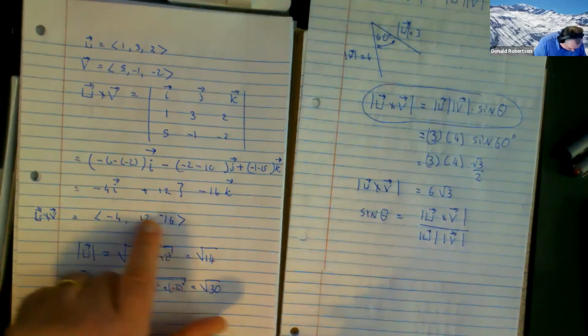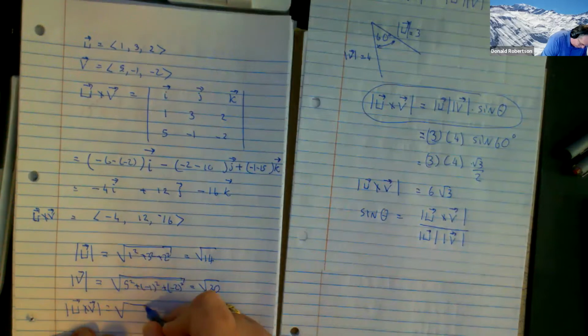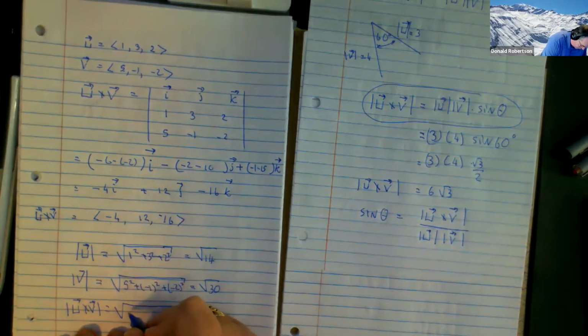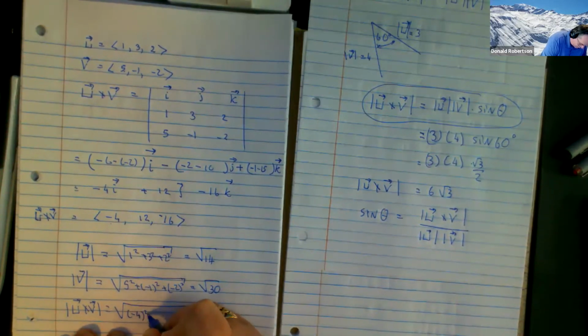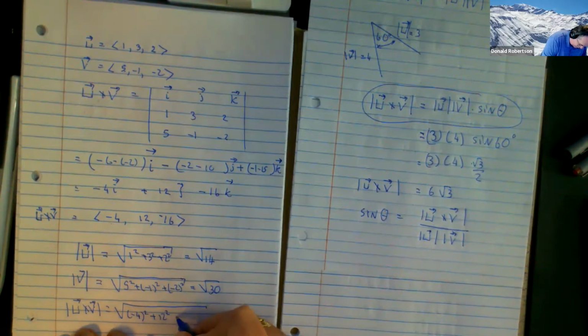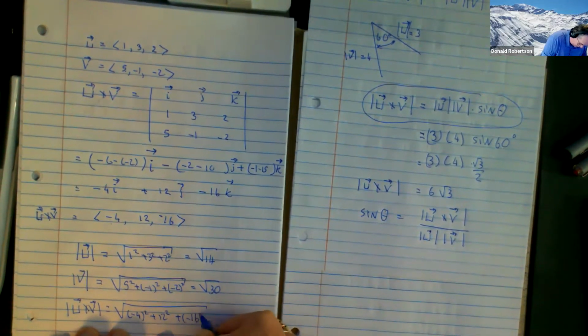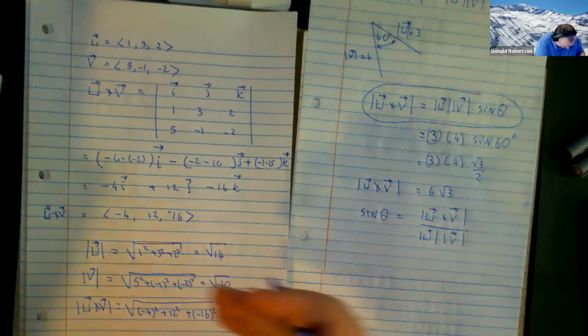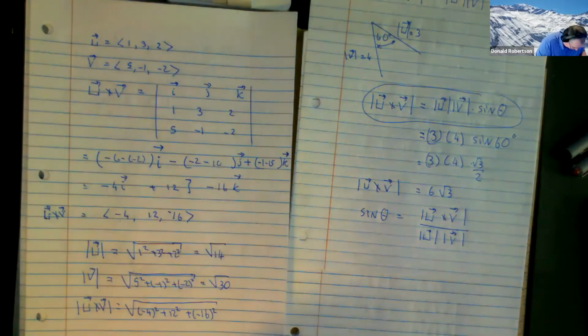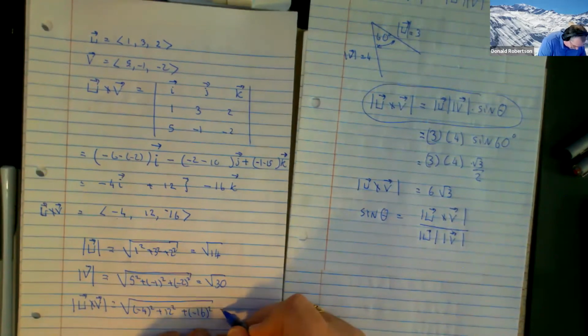And the cross product is this one. It's probably the worst looking one of the lot. It's -4 squared plus 12 squared plus -16 squared. And I'm not going to do that in my head, it's asking for trouble. 16 squared is 256, plus 144, and I get 416.